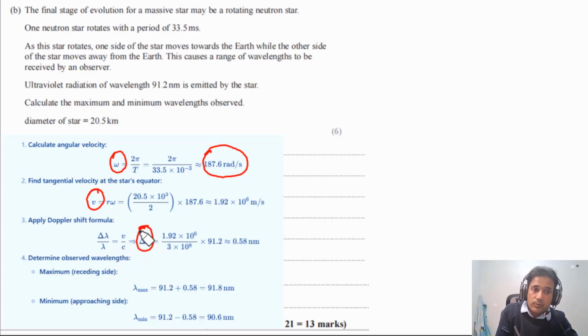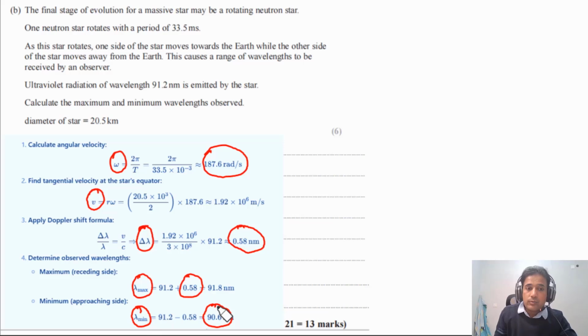So this is the Doppler shift, the change in the wavelength we have calculated. Then we have added, so this is red shift and this is blue shift, and this is the answer. So this is how you can approach this question. I hope this makes sense to you.